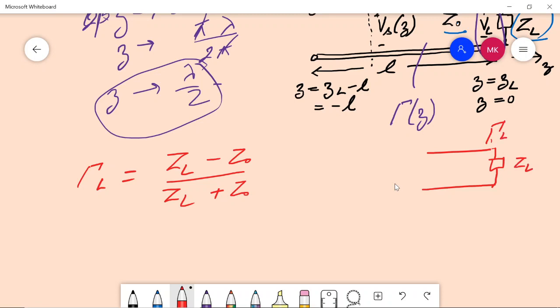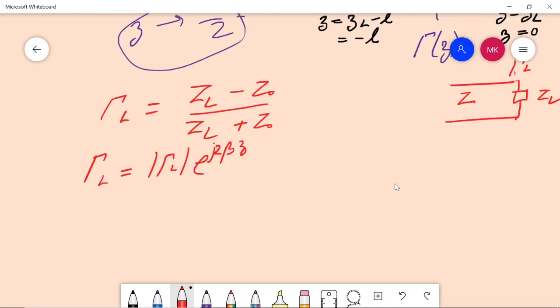For the lossless line, this will be gamma L equals to gamma L magnitude e to the power minus twice j beta z.